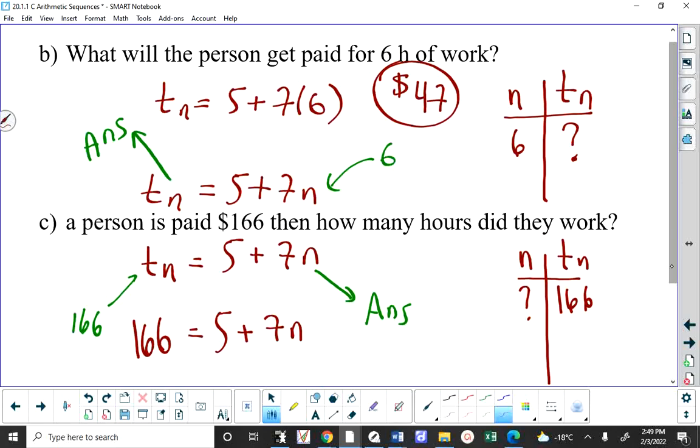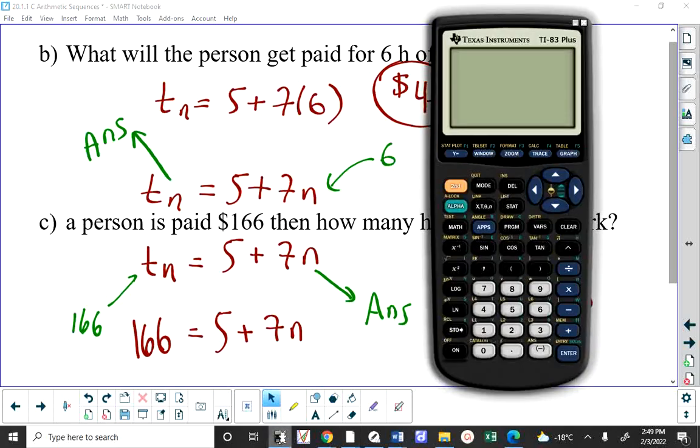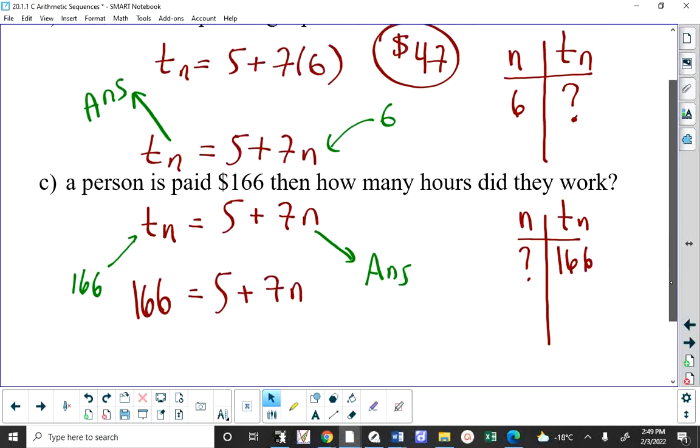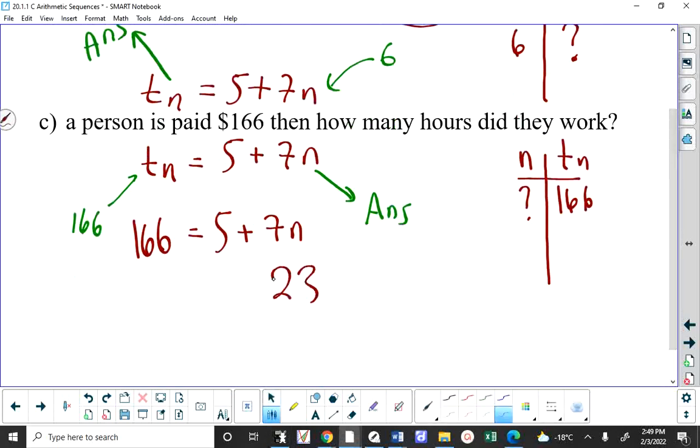My brain has just shut down. 23. So 23 hours. By the way, we had to get a natural number here. You couldn't get any decimals when you find n, because n is an integer. Well, it's a natural number. It's 1, 2, 3, 4, etc. Any questions with that example?